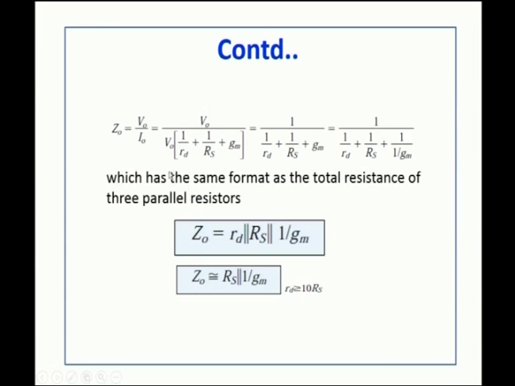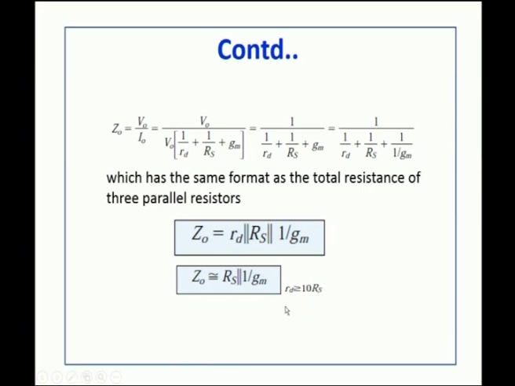From this you can easily get the output impedance VO by IO. It is given as 1 by the resistance part, and this is the format of three resistances connected in parallel, so the output impedance can be given as the parallel combination of the internal resistance RD, the source resistance RS, and the transconductance 1 by GM.